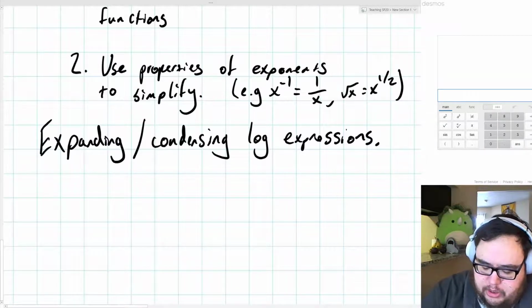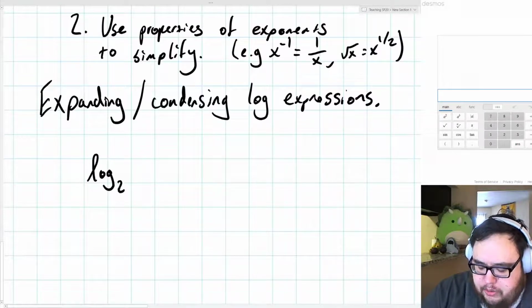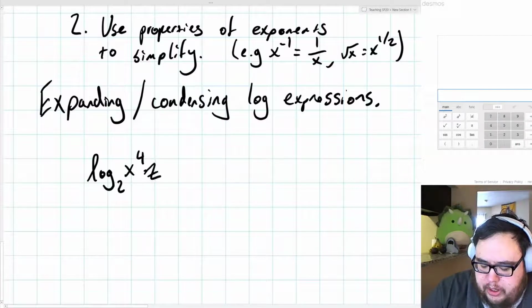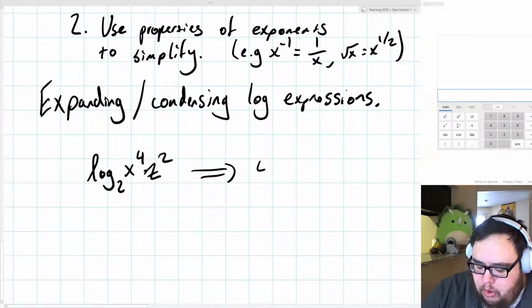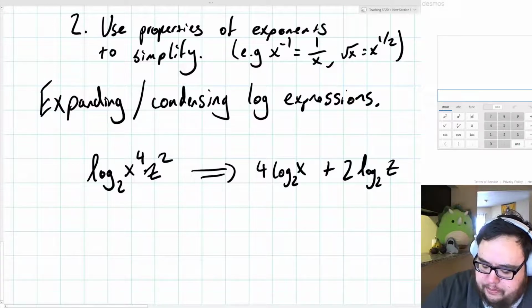So if we have log base 2 of x to the 4th z squared, this expands out to 4 log base 2 of x plus 2 log base 2 of z, right?